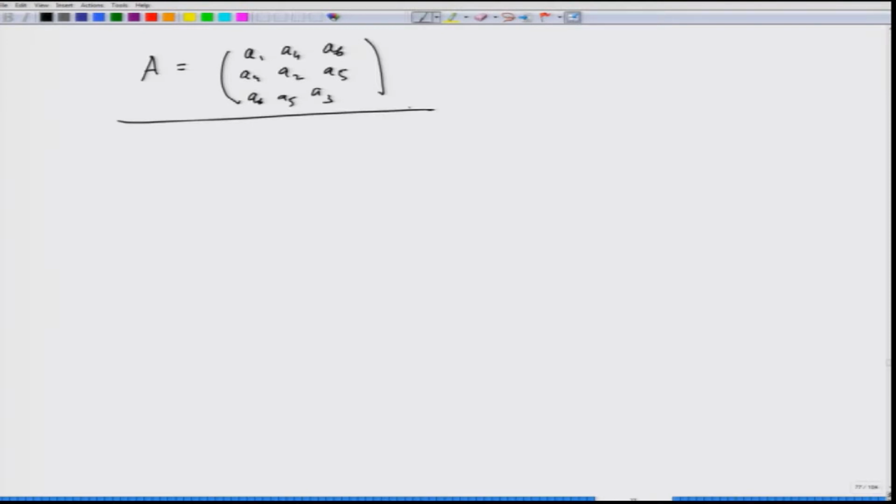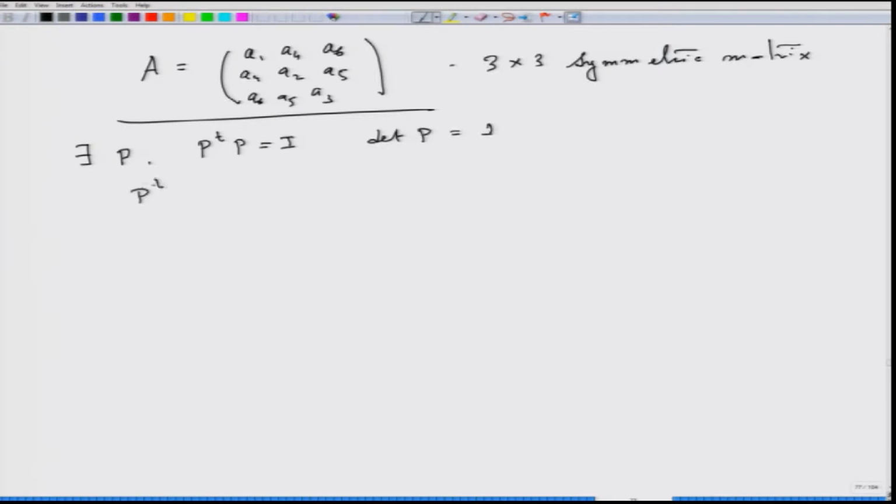Now, if I have a 3 cross 3 symmetric matrix, then my knowledge of linear algebra tells me that there exists an orthogonal matrix P such that P transpose P is the identity, the determinant of P is 1, and P transpose A P is a diagonal matrix.